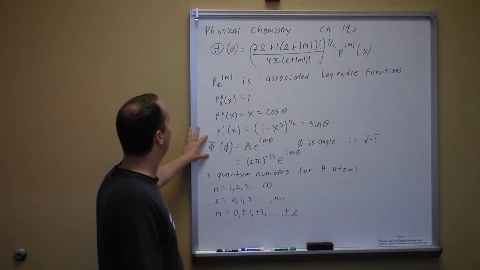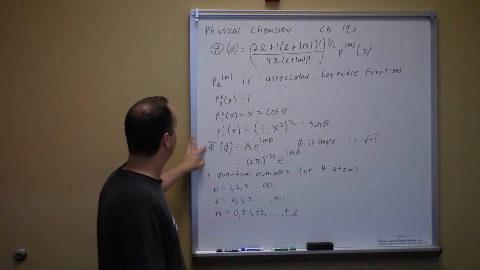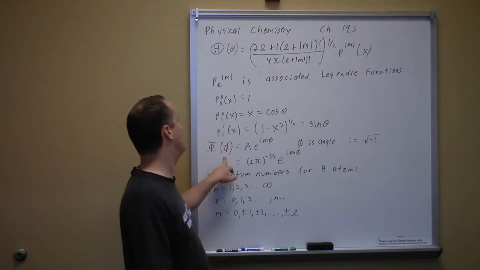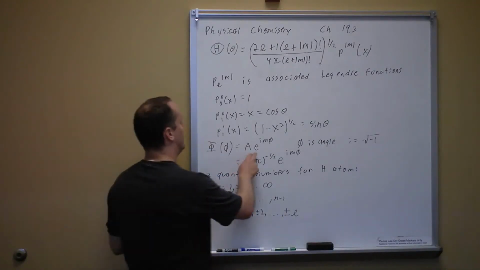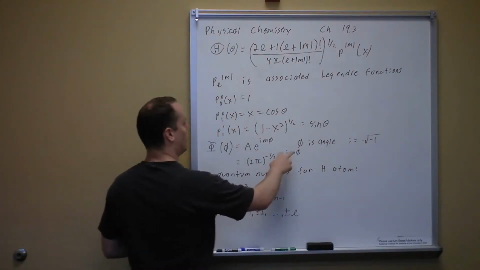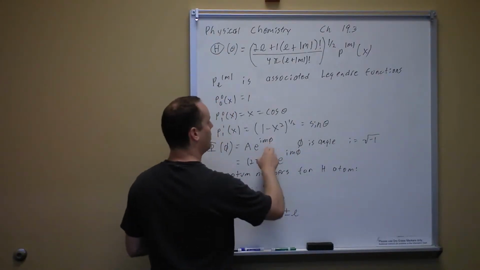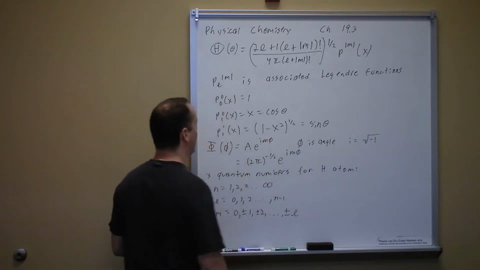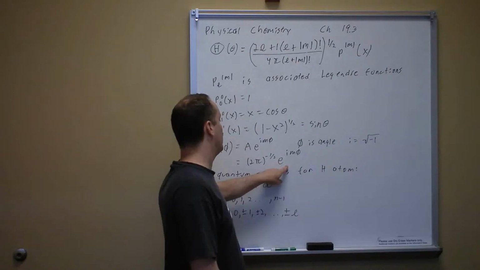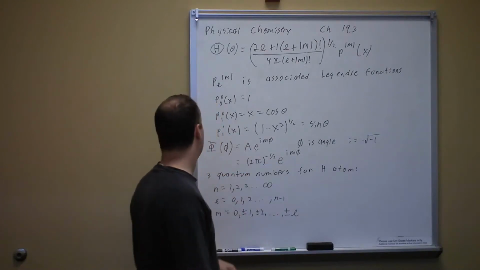And then we also have that other function, Phi of lowercase phi, the angle phi. That's equal to A times e to the i m phi. Remember, lowercase phi is the angle, and i is the square root of minus 1. So that's equal to 2 pi to the minus 1/2 times e to the i m phi.